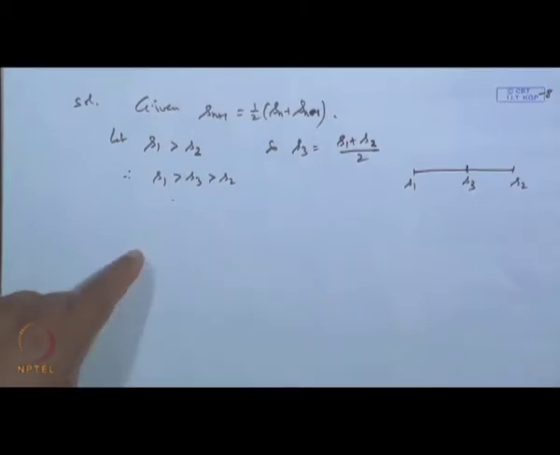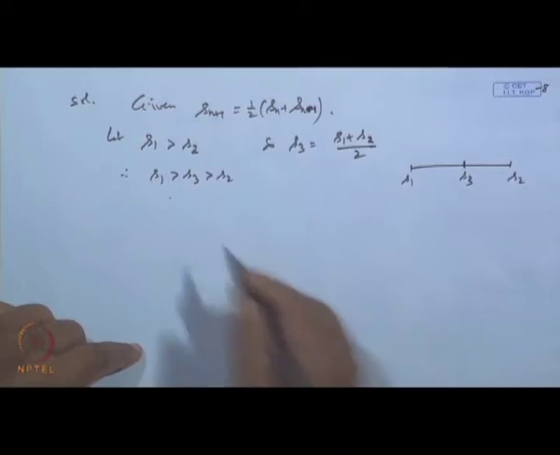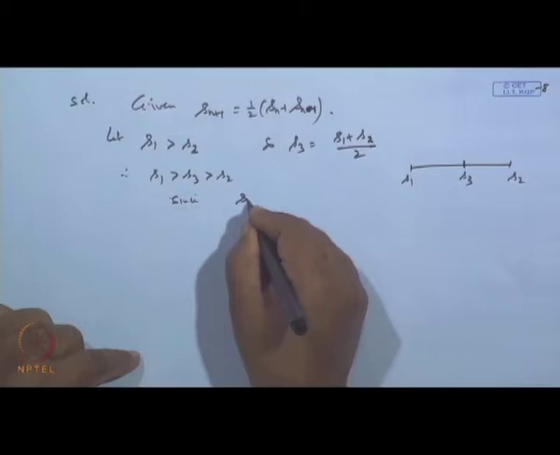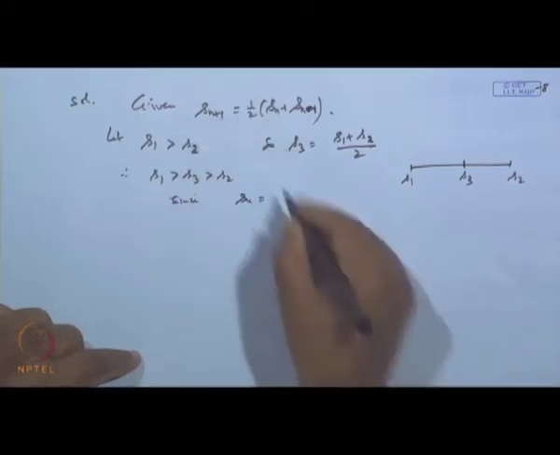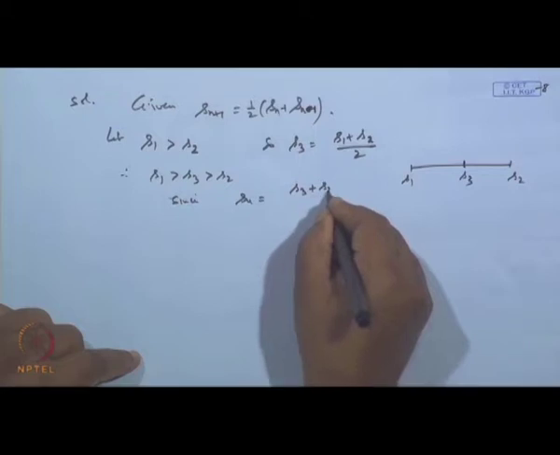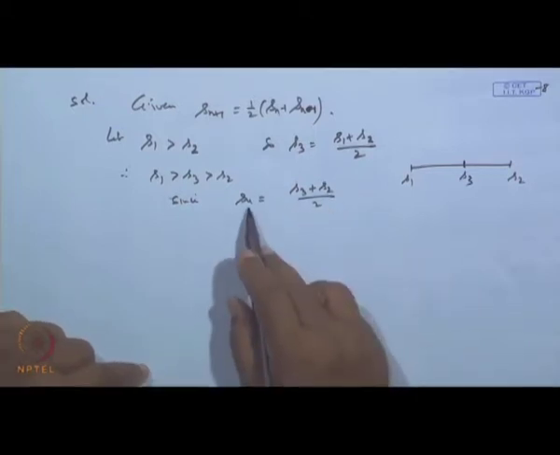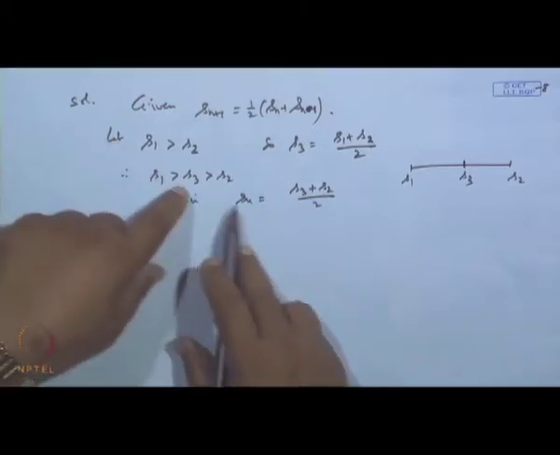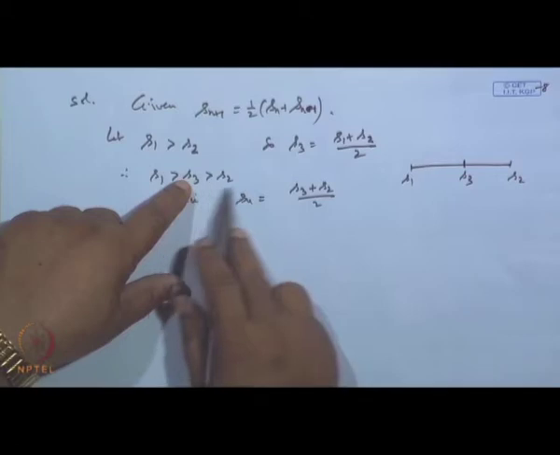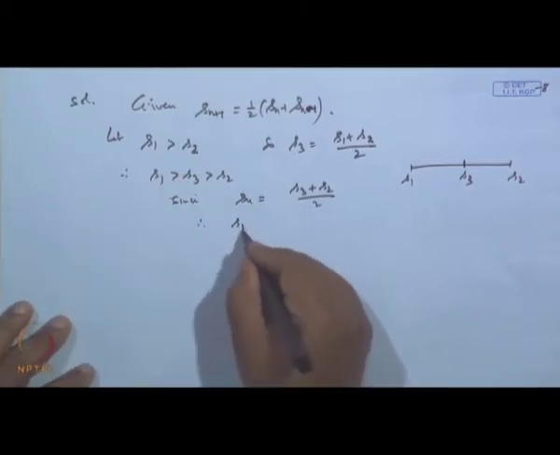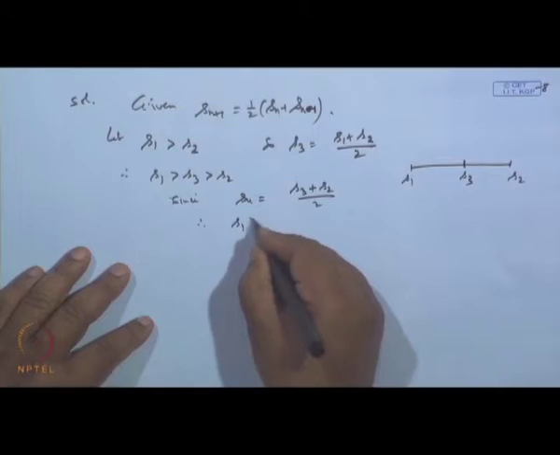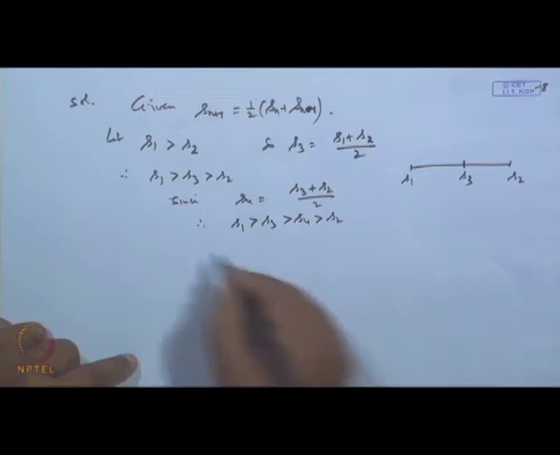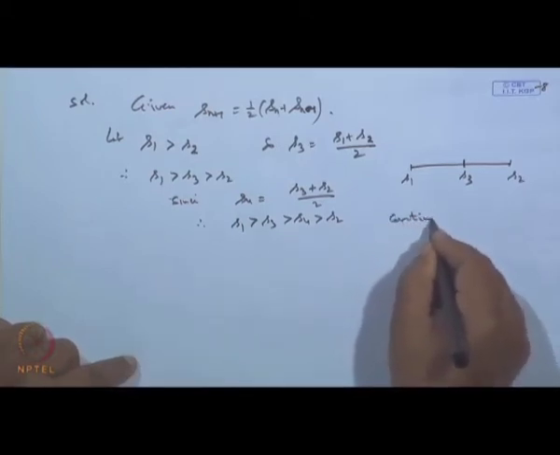Okay? Similarly, now S4 is nothing but what? When n is 3, we get S3 plus S2 by 2. So, S4 is lying between what? Between S3 and S2. So, we get S1 greater than S3 greater than S4 greater than S2, and like this it continues.